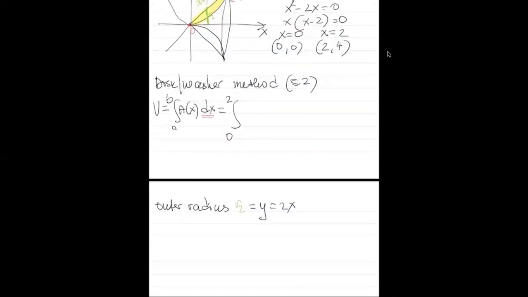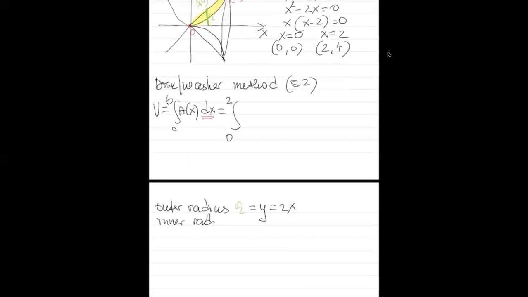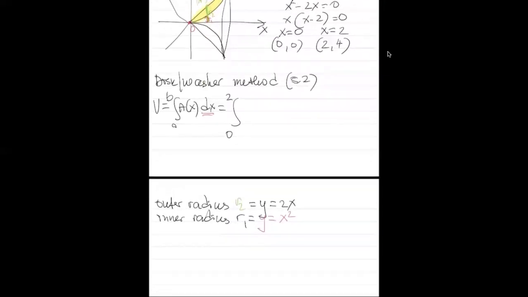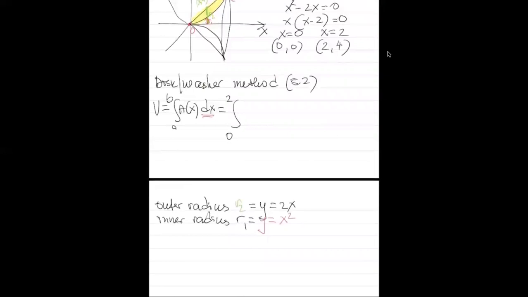The inner radius, let's call it R1, and I'm going to use red, is this one. This is R1, and that's equal to y, but a different y. It's on the curve, so that y is equal to x squared because it's on the graph y equals x squared. So go back to our formula. A of x is pi R2 squared minus pi R1 squared.